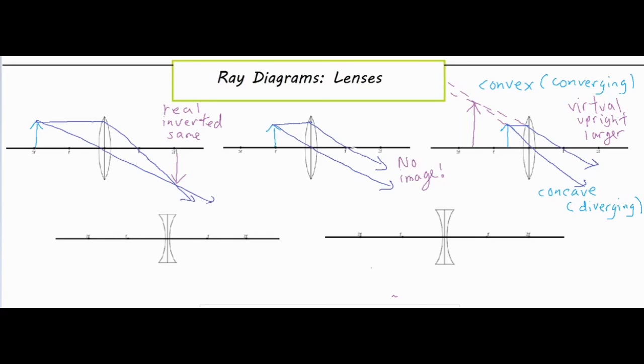All right, now for our final diagrams, we're going to do a concave lens diagram. Now, all of these are pretty much the same. I'm going to draw two so you can see how similar or different they are. But for most of the concave lens diagrams, they're going to be pretty similar.